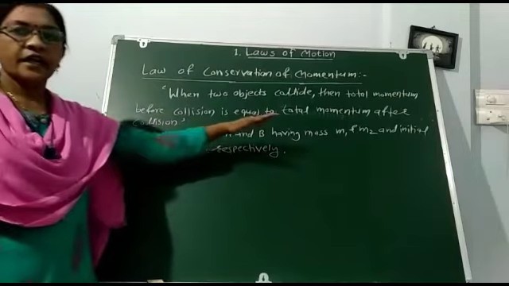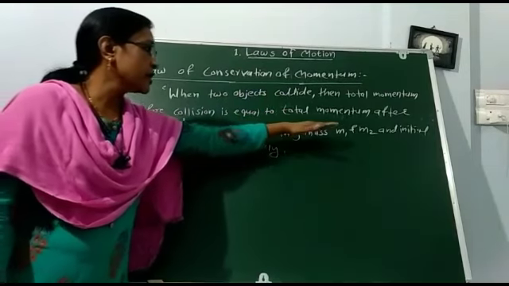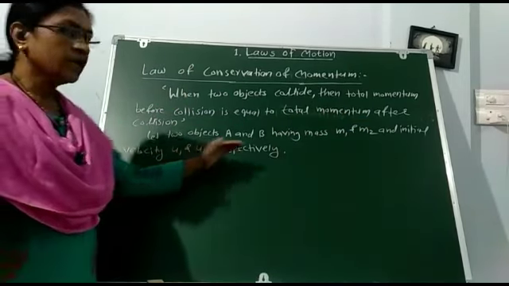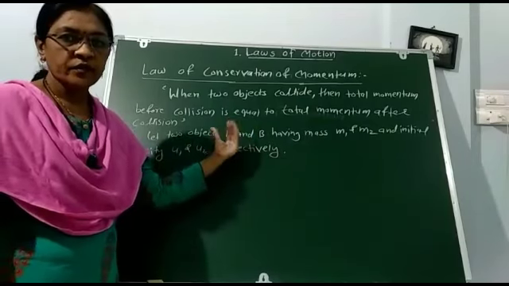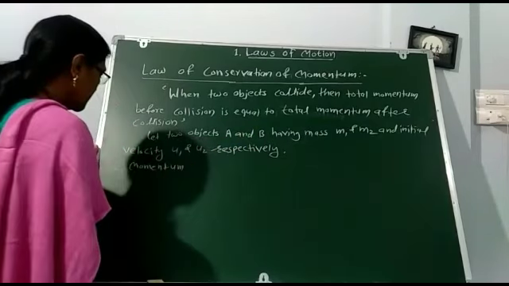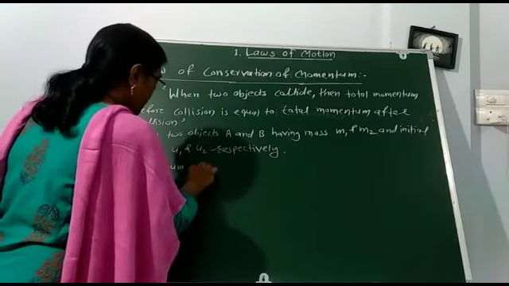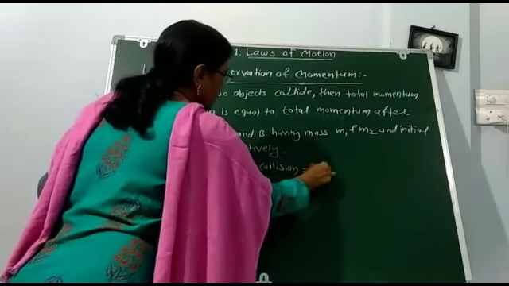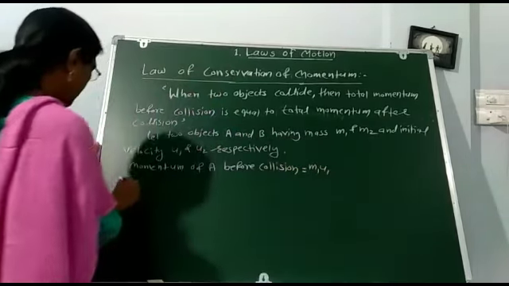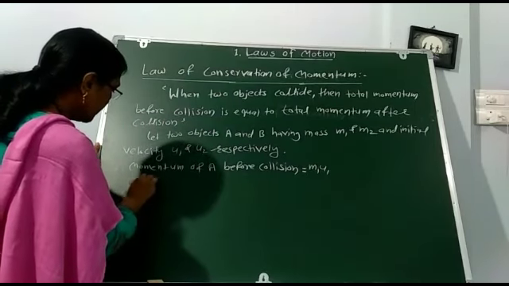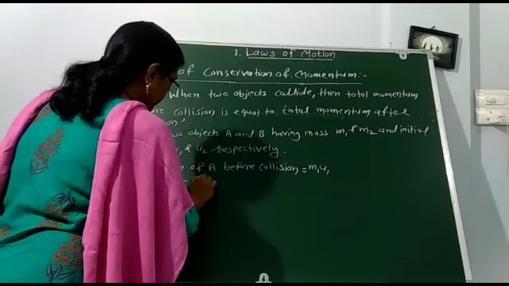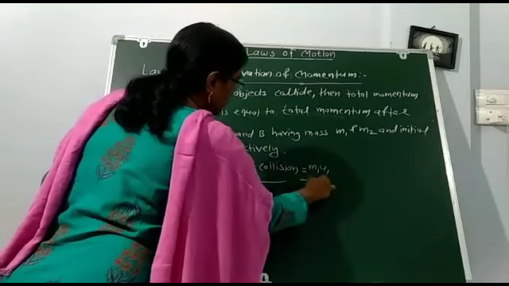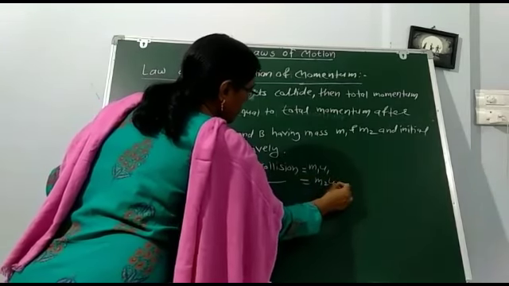Then the momentum before collision: momentum of A before collision is equal to m1 u1. Similarly, momentum of B before collision is equal to m2 u2.